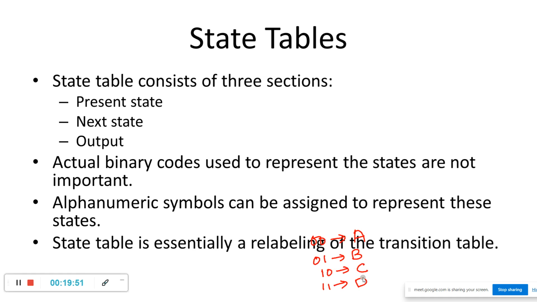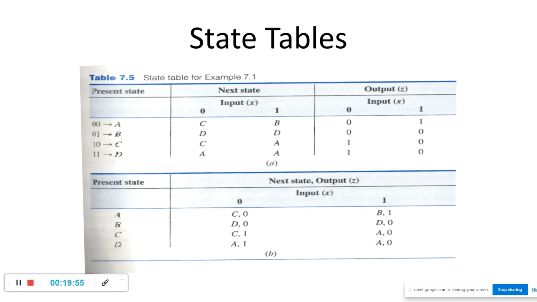So the state table is essentially a relabeling of the transition table. You should have the transition table. In the transition table, we are putting A, B, C, D for 0 0, 0 1, 1 0, 1 1.